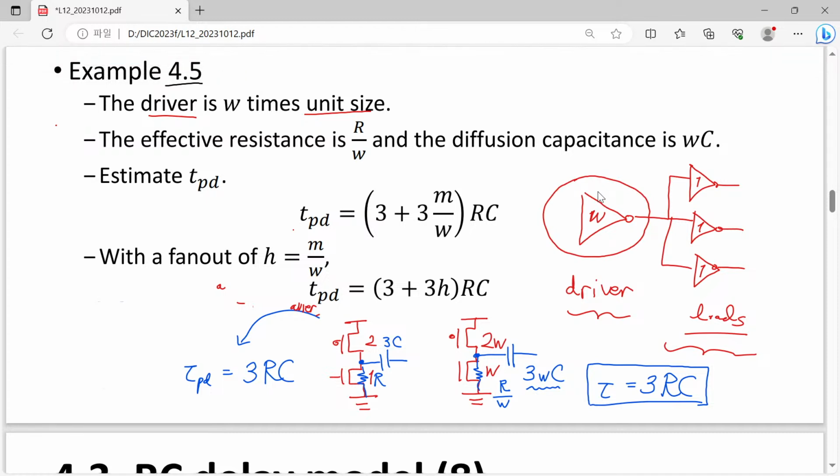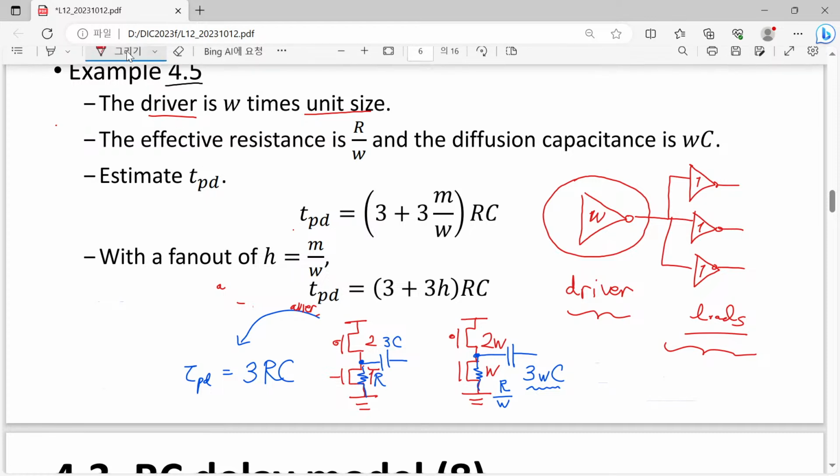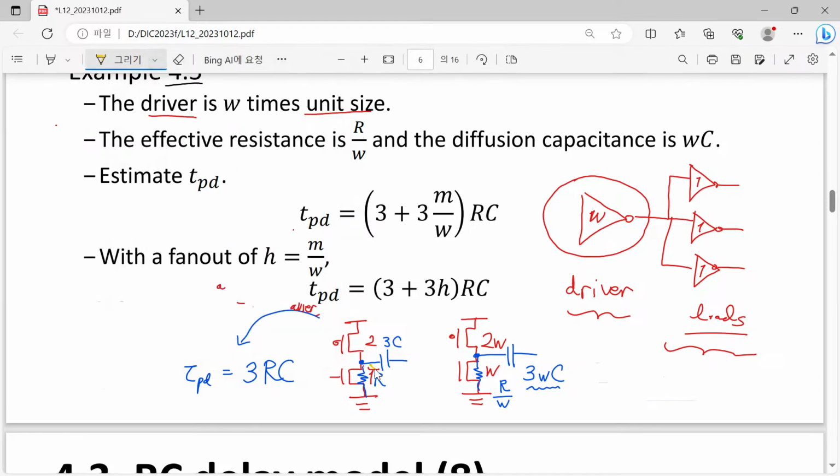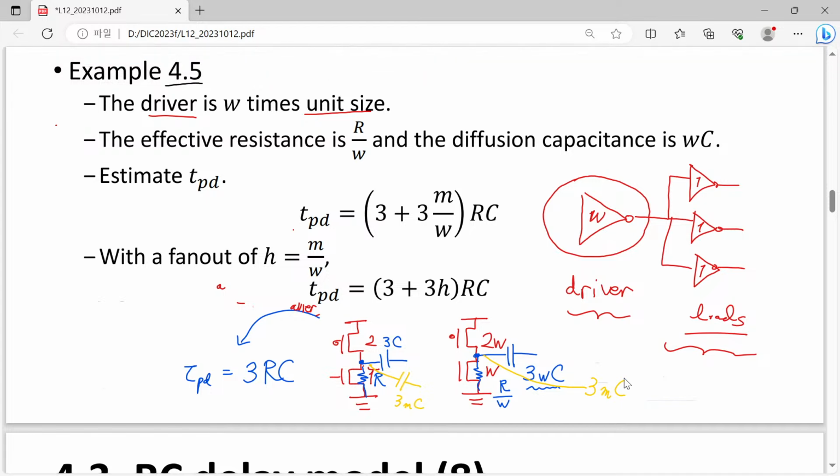Then what happens? So let's assume that in both cases we have introduced the same load. Here we have attached 3MC, and here also attached 3MC. The same load is attached to these two drivers.